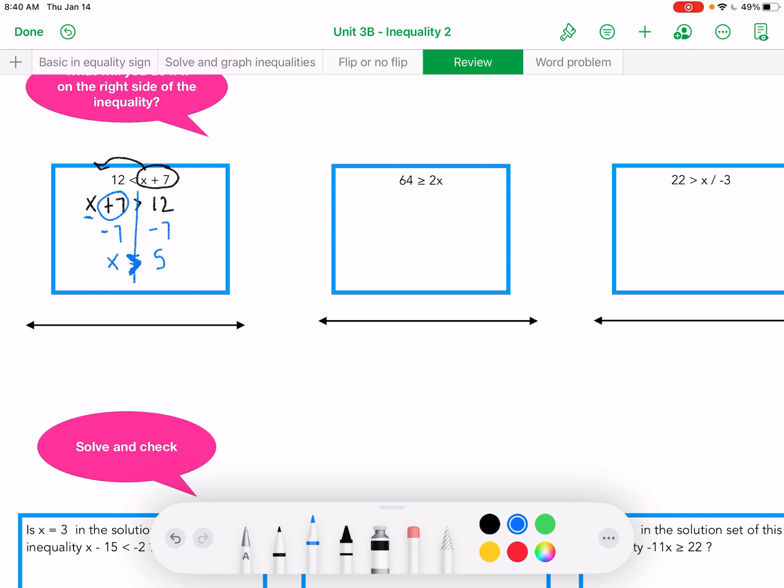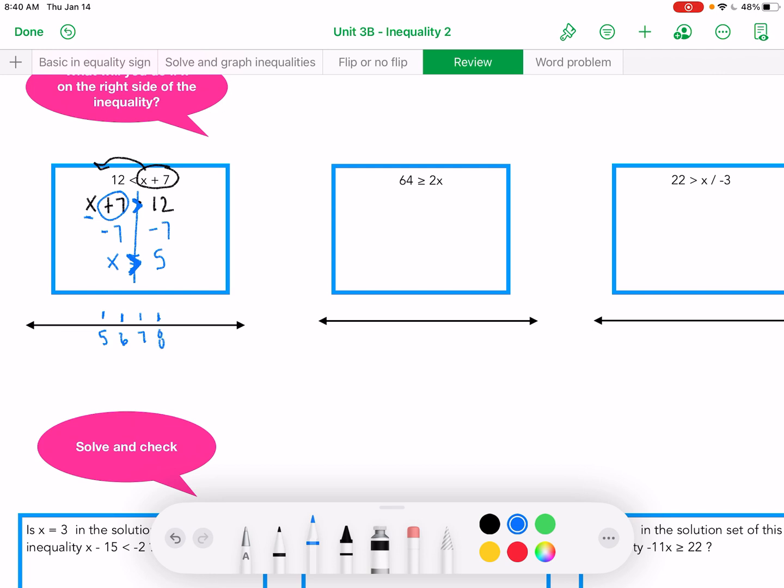Y'all are going to accidentally do that, so go back and double check that you have your inequality sign and not an equal sign, and that it's going the correct way. Now if we're going to graph this, we know that x is greater than 5. So I'm going to put 5 on my number line, and it's going to be greater than, so we say 6, 7, 8.